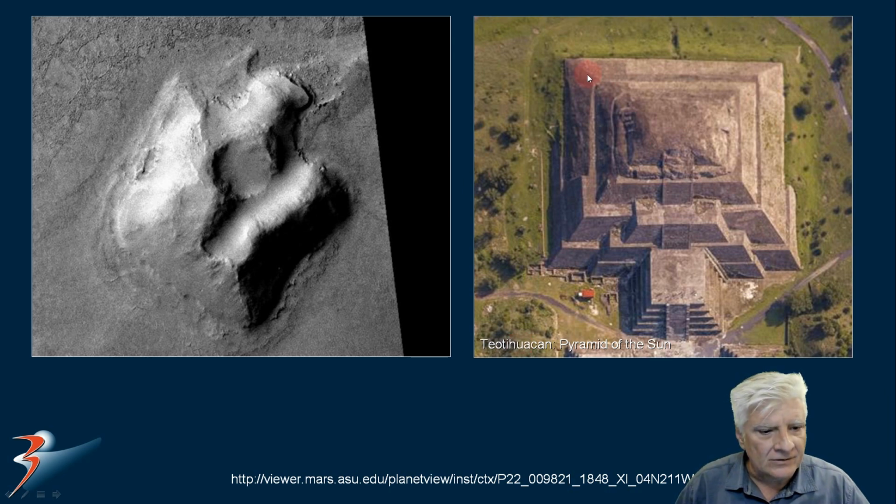And I compare it to the Pyramid of the Sun. Check this out, folks. We've got the larger part on the one side, and then in the middle of this side what looks like this staircase or ramp.